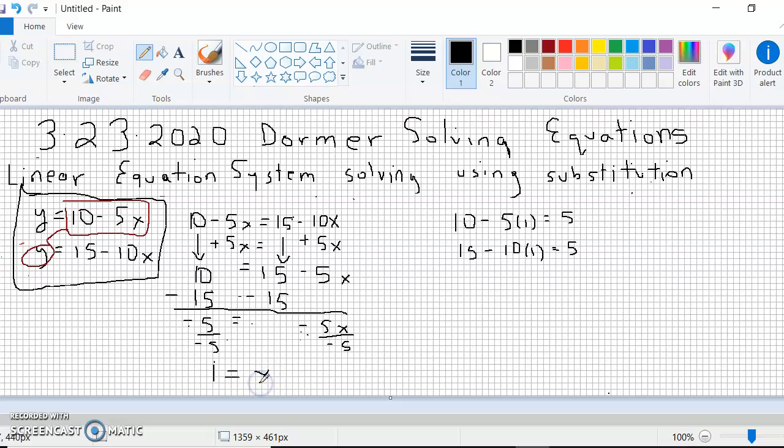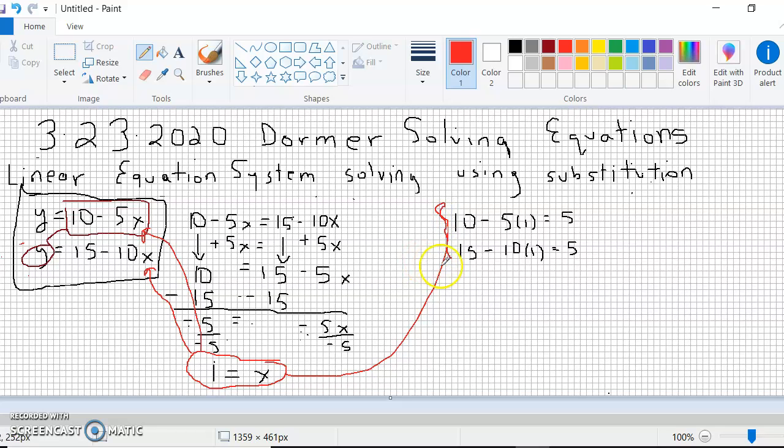And now I can go ahead and solve for y. So what I would do is take this here and place it into here and place it into here. All right, and I have this equation that's located right over here.